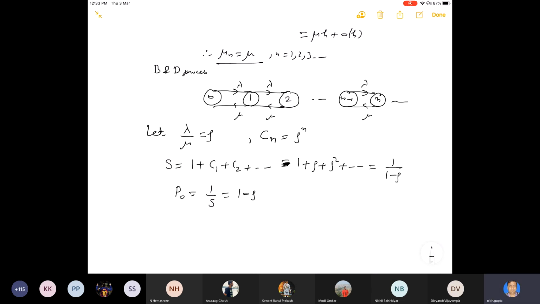So we know that rho should be less than 1. Then if rho is less than 1, the steady state solution does exist.